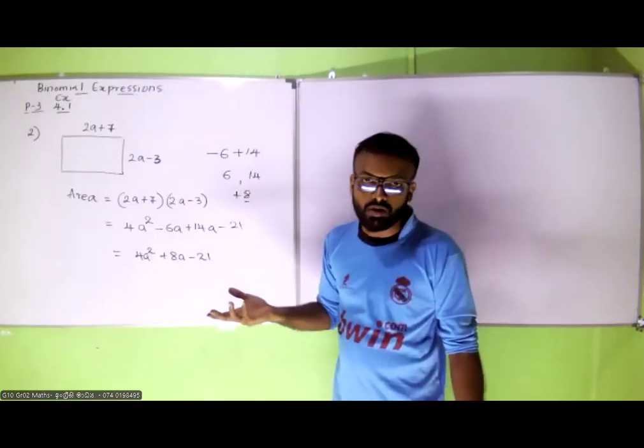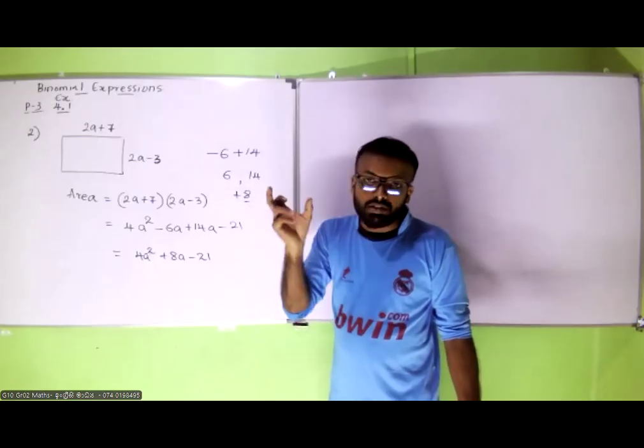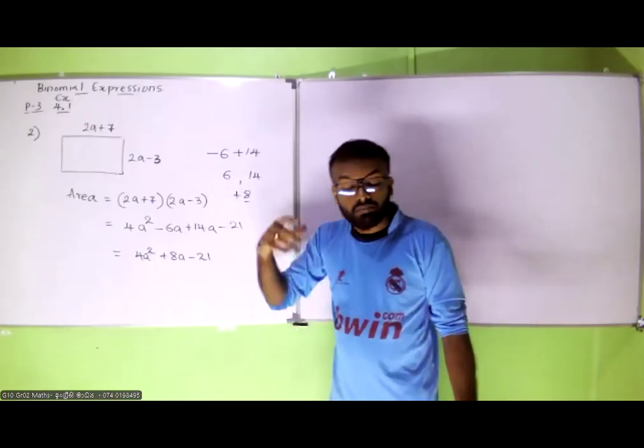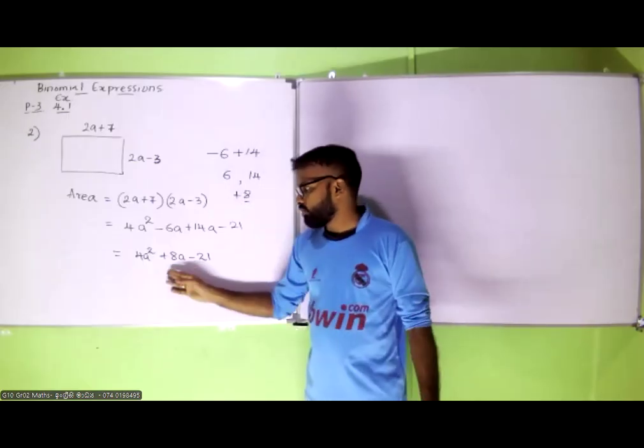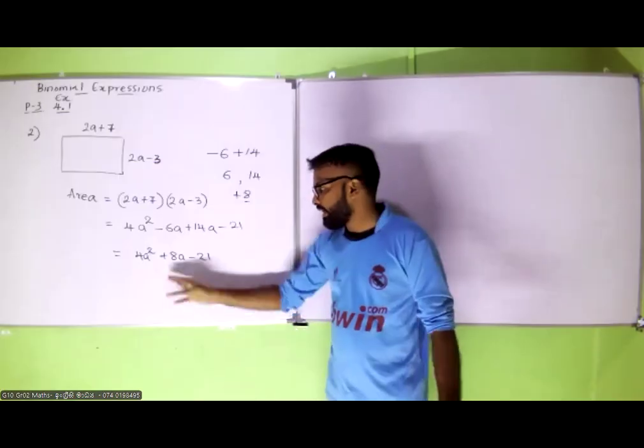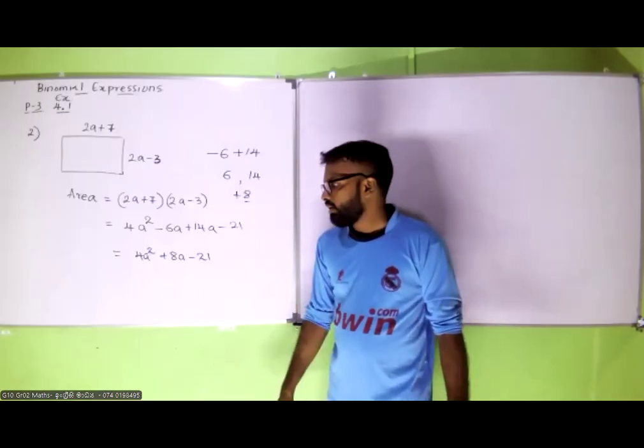Only two scenarios you have, right? Directed numbers with same signs or different signs. So this should be your answer. Plus 8a minus 21, correct?